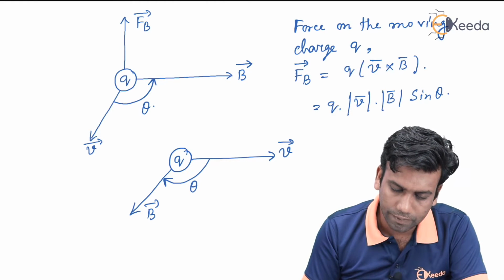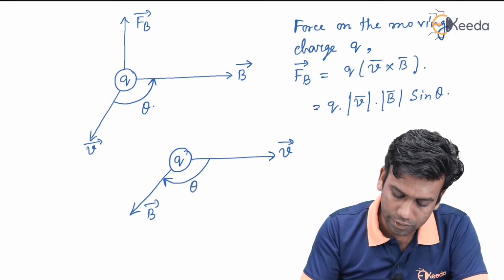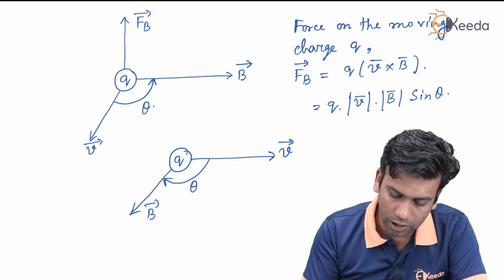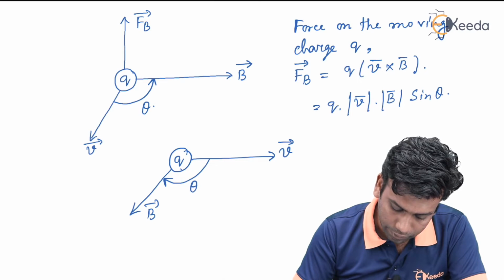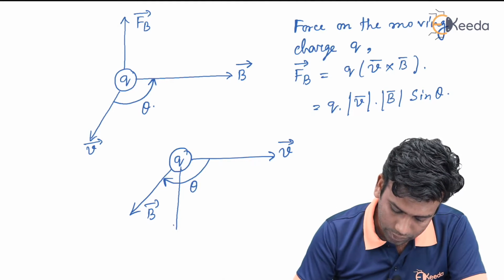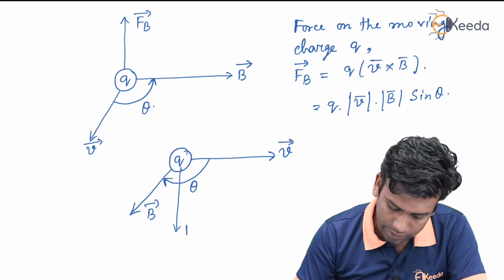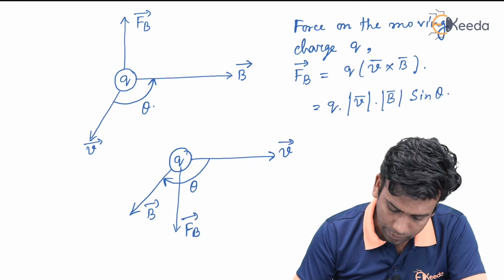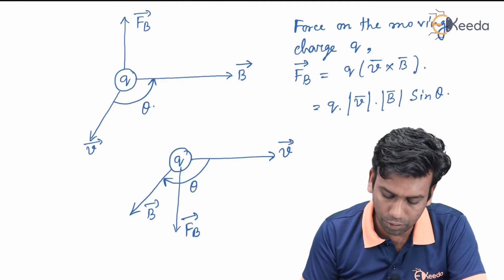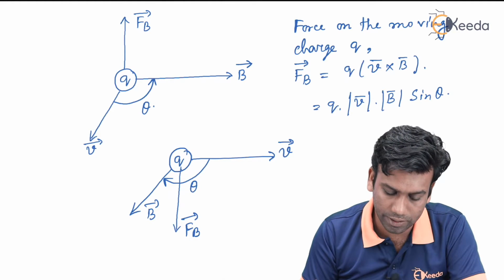For this case, the magnetic force FB on the charge q will be downwards along the z axis.